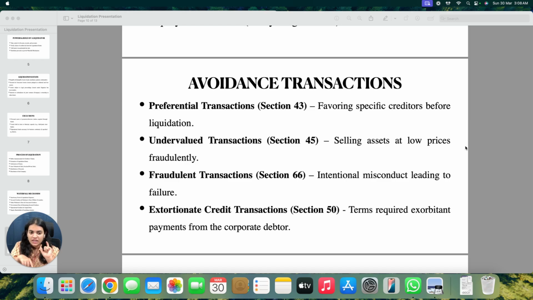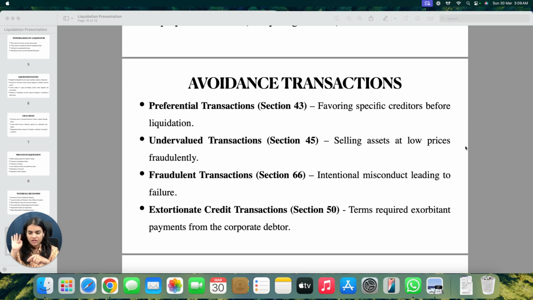It is intentional misconduct leading to failure, or intentionally taking such action which will result in defrauding the stakeholders of the corporate debtor. So fraud, as we have seen under the Contract Act, is void ab initio. So there is no look back period for fraudulent transactions.